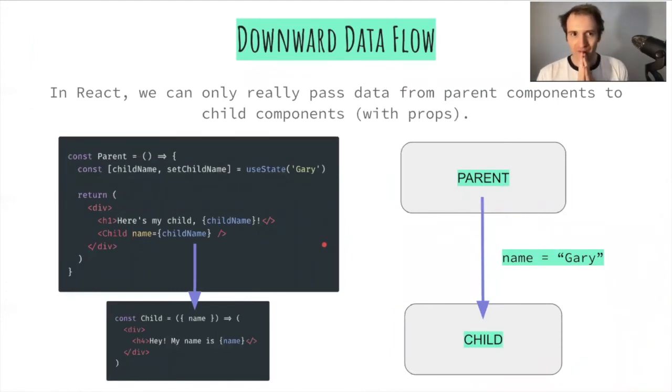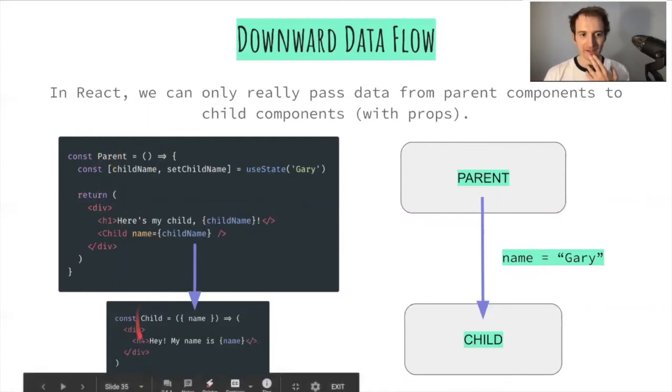Okay, so there's this concept in React called downward data flow, which means that we can only pass props from a parent to a child. So we have an example here. We have this component called parent, and we have this component called child.